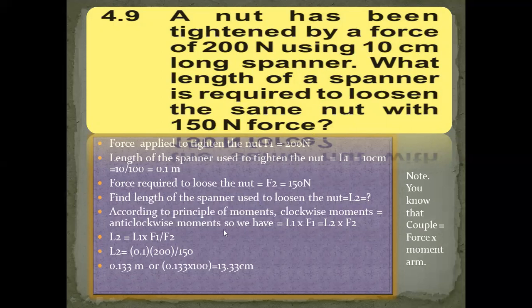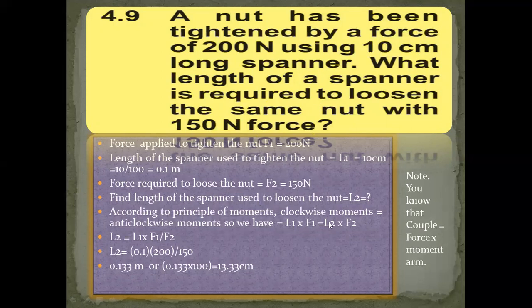And you know that when you are finding the torque or moments, you are just multiplying force with the moment arm. So L1 multiplied by F1 is equal to L2 multiplied by F2. Why is it so? Because the clockwise moment is equal to the anti-clockwise moment.